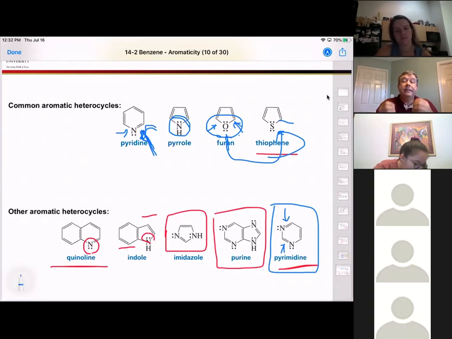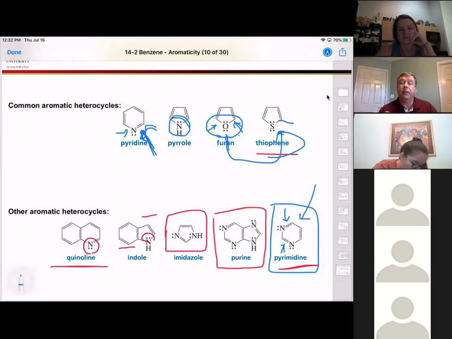If the nitrogen doesn't have a double bond to it in a ring, that means the lone pair is in the p orbital.